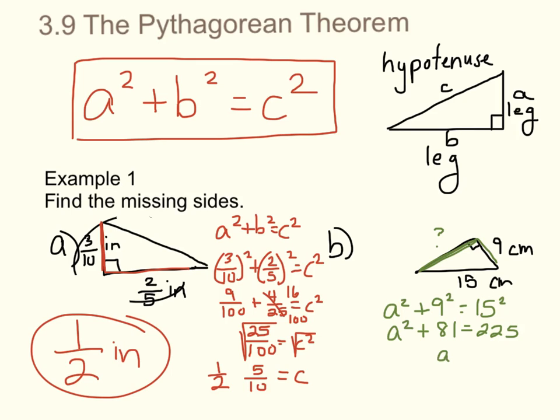I then have to subtract 81 on both sides because we have to isolate the variable. So if you subtract it from both sides, you would get 144. You then take the square root of both sides, and your answer will be 12, and we have to label. It would be 12 centimeters.